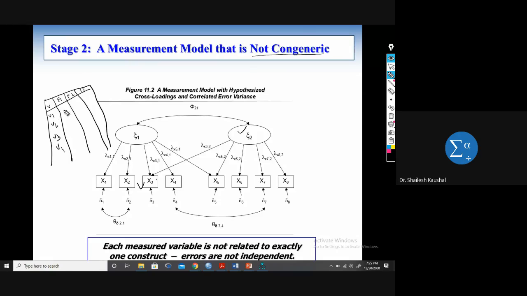If it is high here, 0.8 and 0.7 here, it means variable v1 is highly related with f1 and f2. Same as this variable x3 is highly related with factor 1, and also highly related with factor 2. This is the not congeneric model, so it is not desirable for our study.